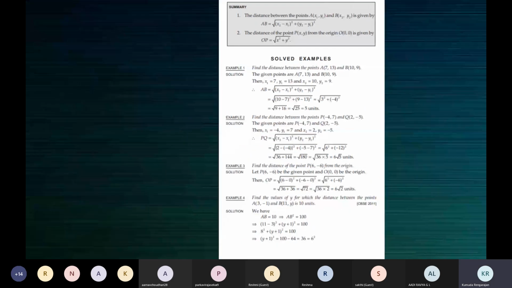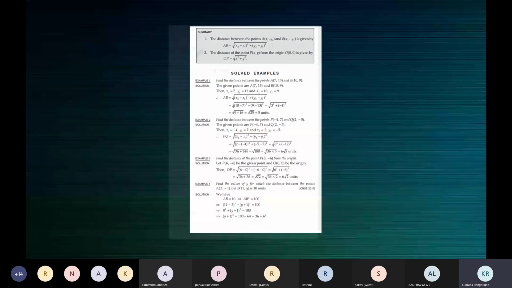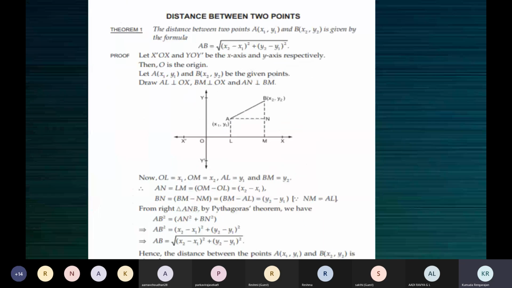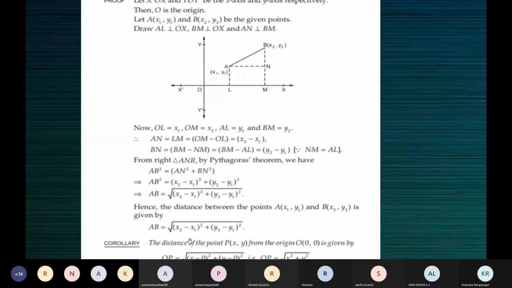Children, we'll be using this extensively. So just have a look at this. When we say AB is square root of x2 minus x1 the whole square plus y2 minus y1 the whole square, what is AB square without the square root? If you want to write AB square, then don't write the square root here.